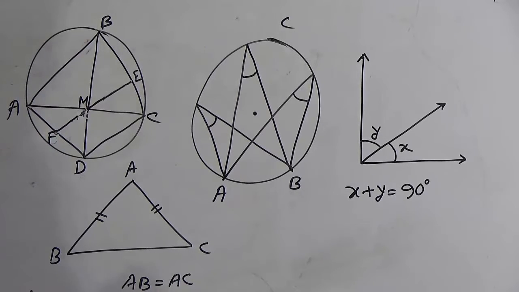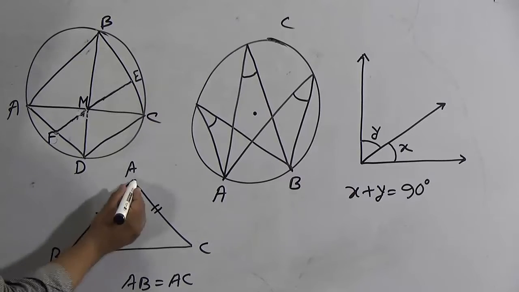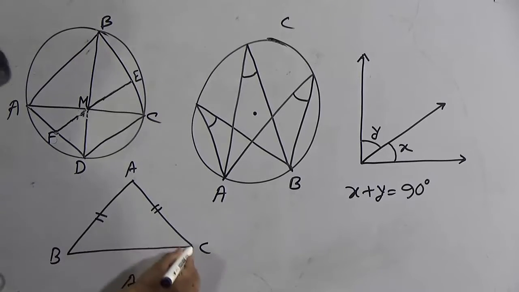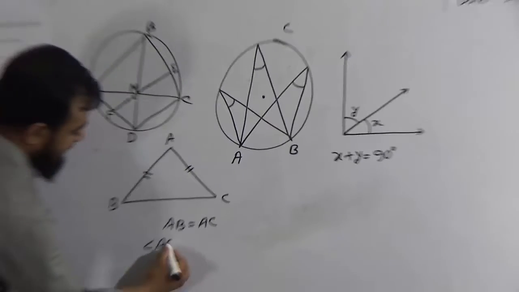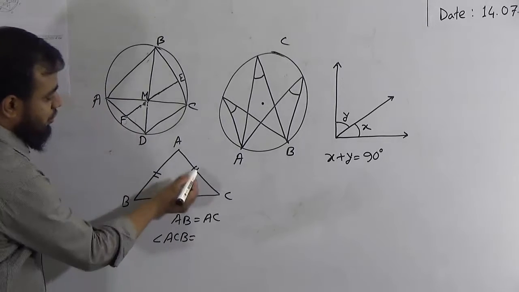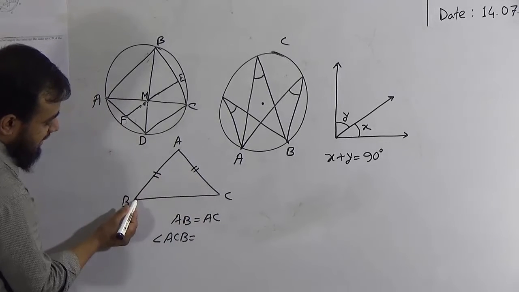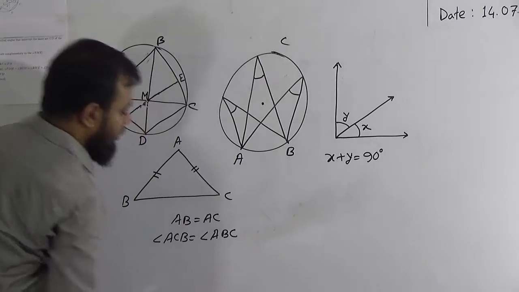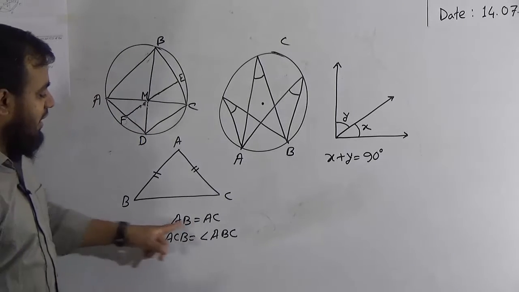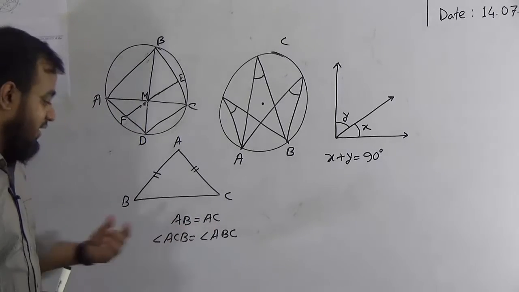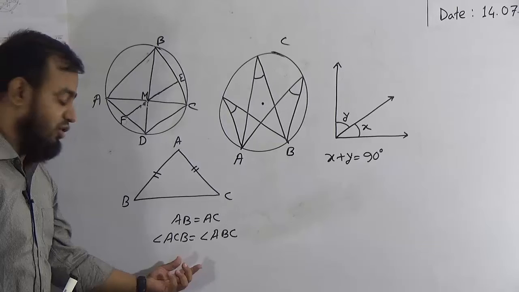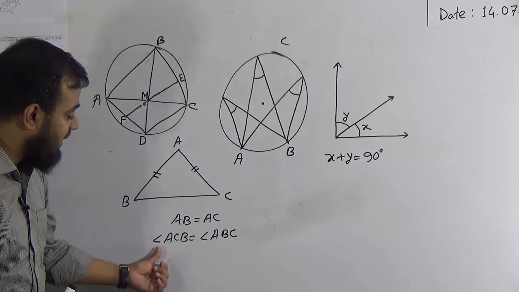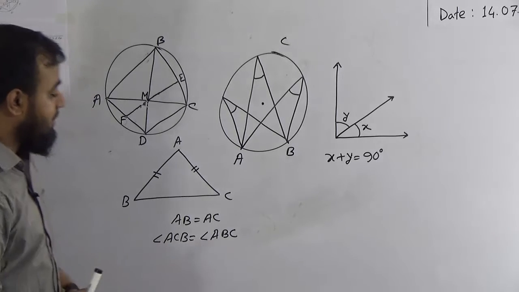Then the opposite angles will also be equal. That means AB's opposite angle is ACB, and AC's opposite angle is ABC. So if the sides AB and AC are equal in any triangle, then these two opposite angles are also equal. That means angle ACB is equal to angle ABC.